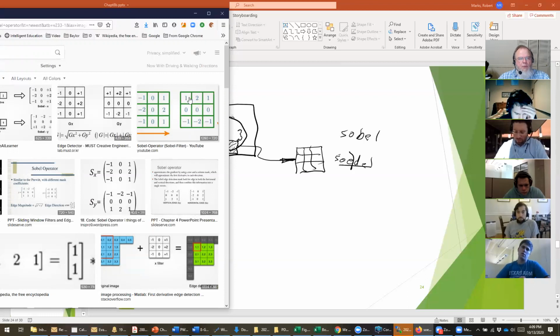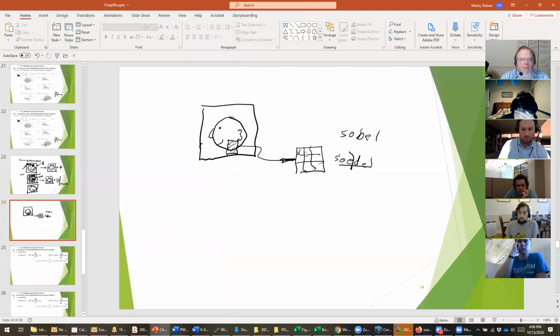What you do is you multiply this pixel by 1, this pixel by 2, this one by 1, the middle ones by 0, and the other ones by the minus. What are you going to be detecting here as this thing moves around the image? You're going to be detecting horizontal edges. So if we go over here, 1, 2, 1.